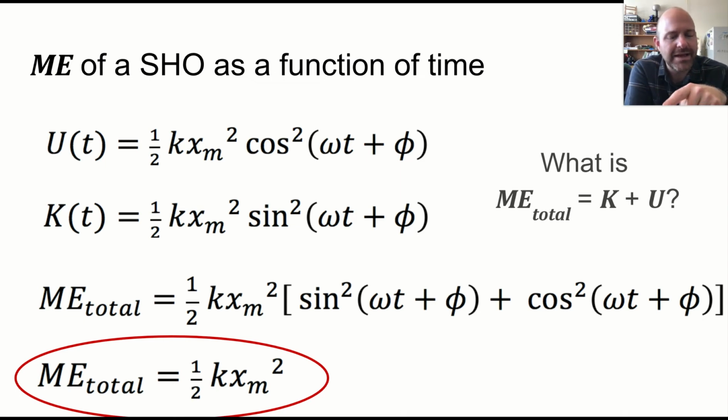So if you think about this in terms of the mass spring system, what does that mean? Well, it means your total mechanical energy is the maximum spring potential energy when it's fully stretched. And that, of course, makes sense. That is where we would have zero kinetic energy and all potential. And that amount would stay constant as it oscillates.